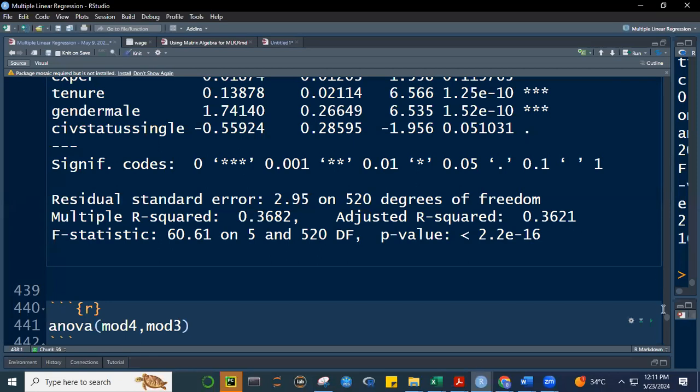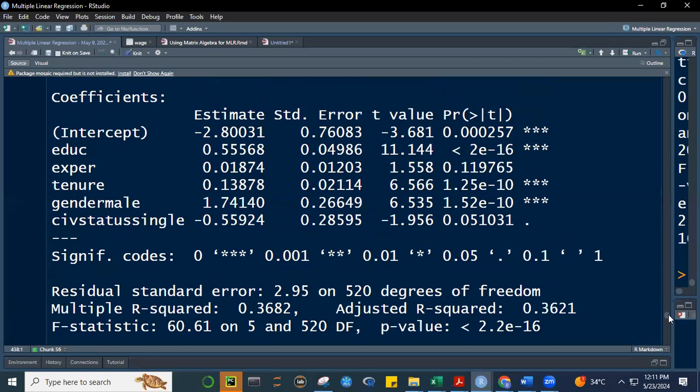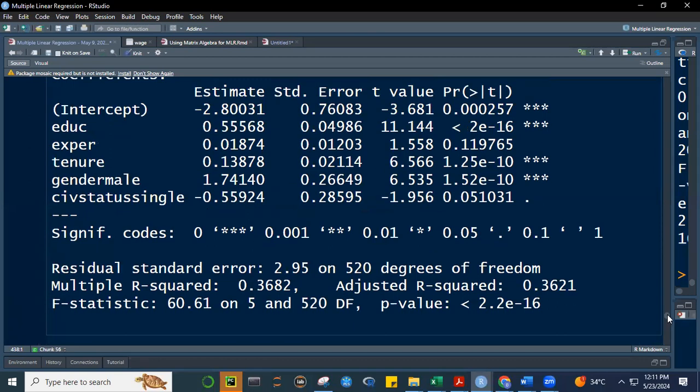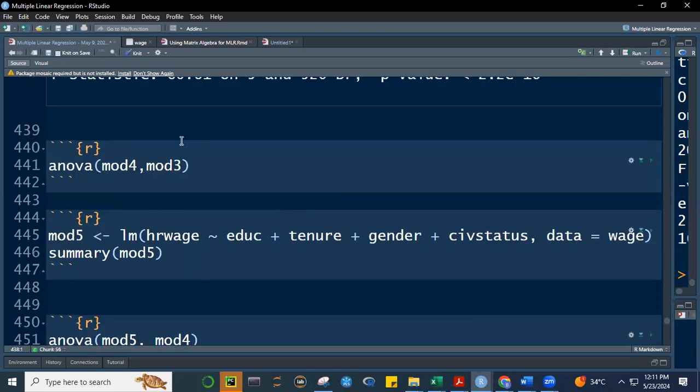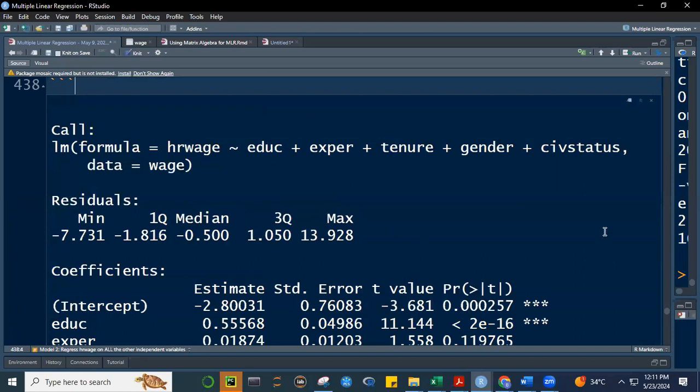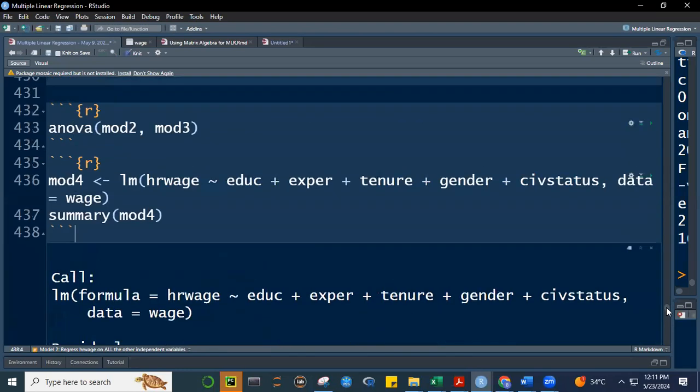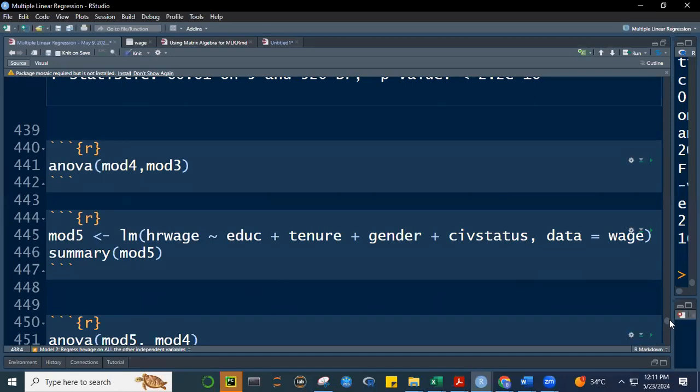Okay. So how do we now, class, determine which is better? Is it model number 4 or model number 3? So this is the test. Okay, model number 3 has number of dependents.